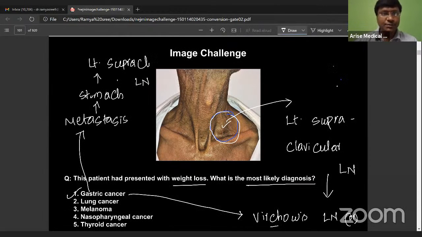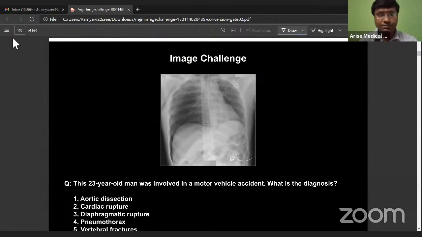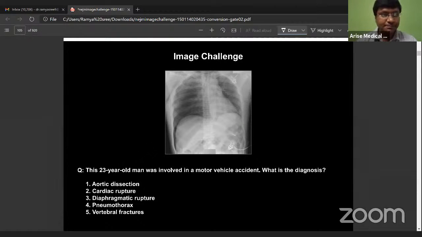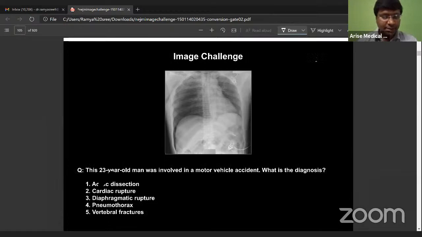Now we will move on to the next question. You see this image. This 23-year-old man was involved in a motor vehicle accident. What is the diagnosis?